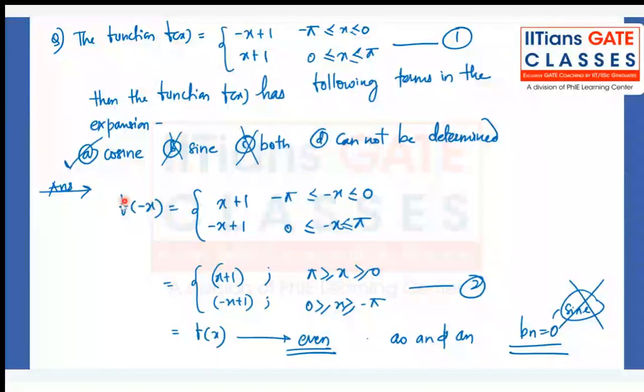And as I said here, after putting x equal to minus x, if f of minus x is equal to f of x, we call it even. And that is what we are getting in this case. You put x equal to minus x, you get f of minus x equal to f of x, and hence we conclude it is an even function. And if it is an even function, a0 and an are present, bn is 0.